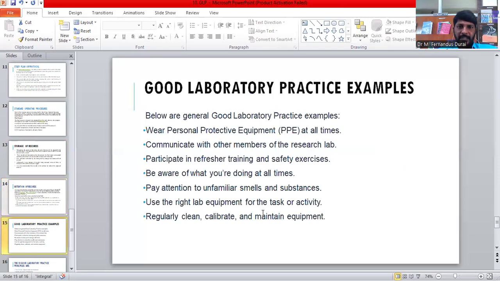And the examples for GLP, the good laboratory practices. The below are general good laboratory practices. So, wearing personal protective equipment, PPE, at all times.